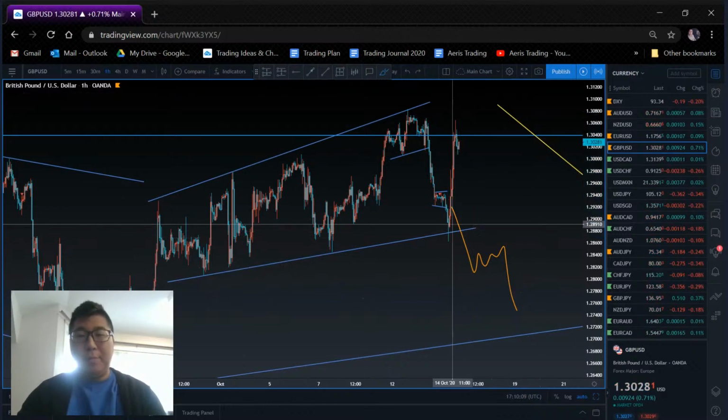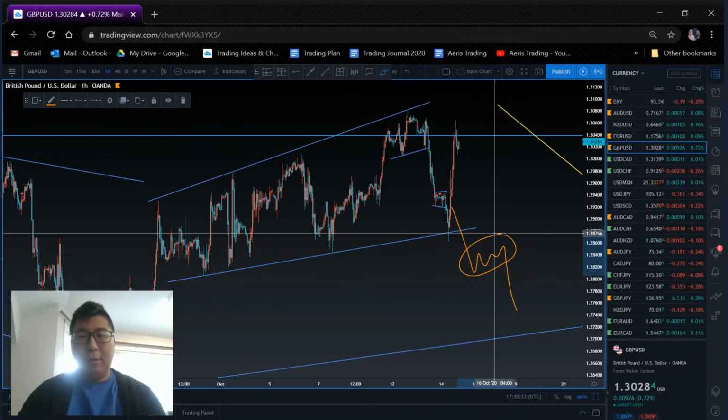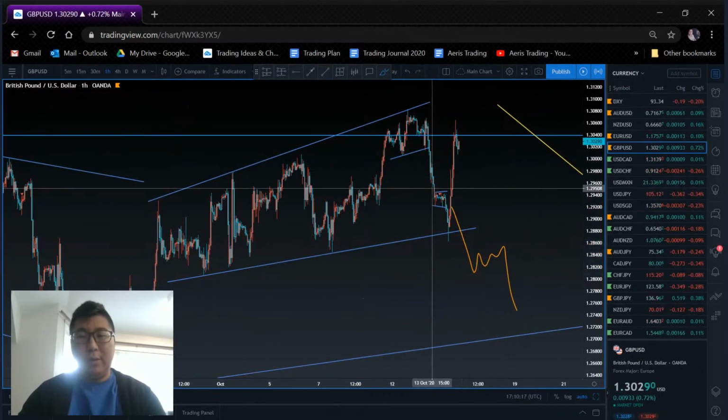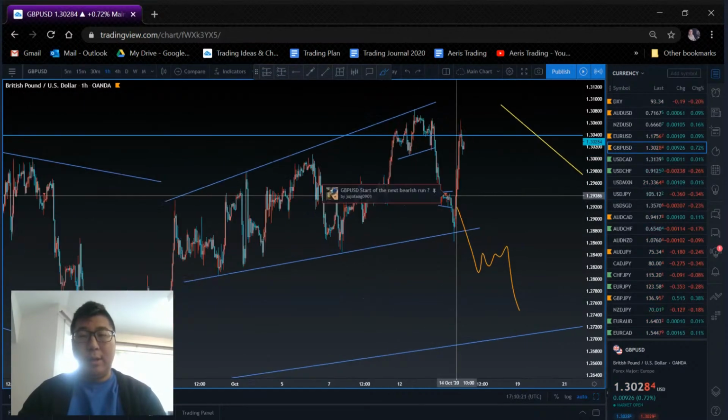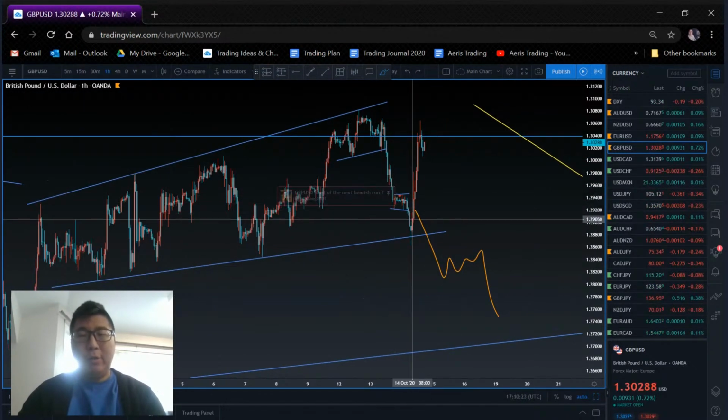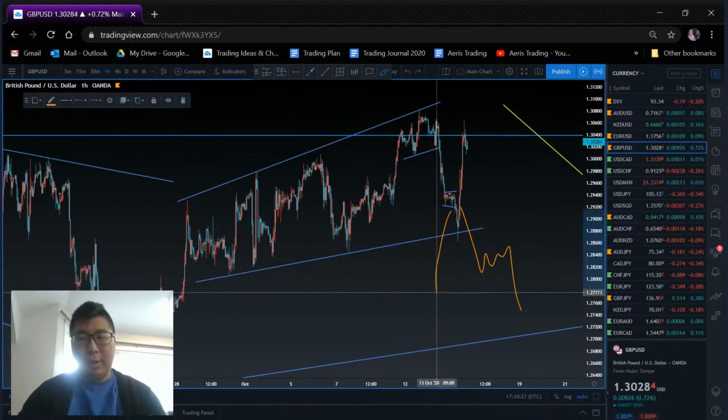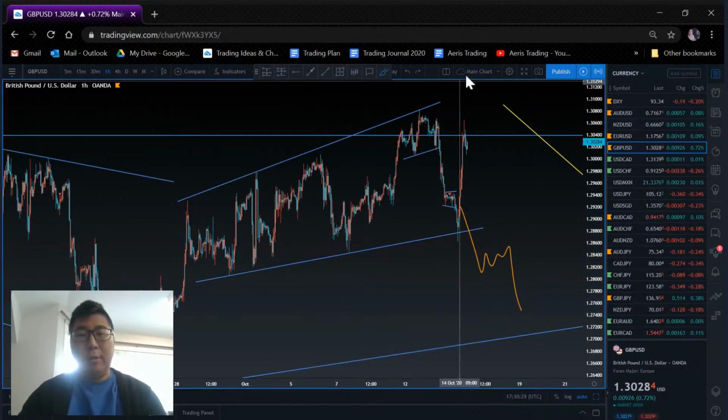For me to be a safer trader, what I always look for is to see it break out of this structure and then a correction to enter. This is also a valid entry, it's just that you're more likely to get a break-even trade or a possible loss, but you'll get better risk reward. So there's really no right and wrong in this.